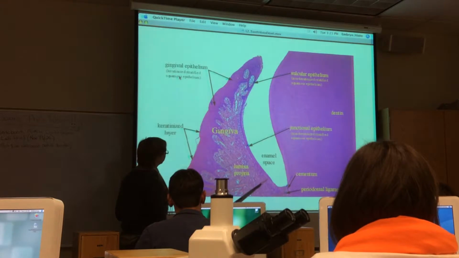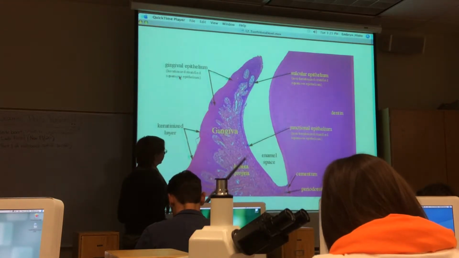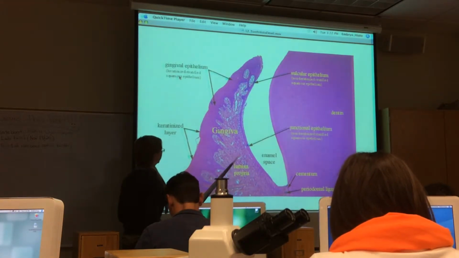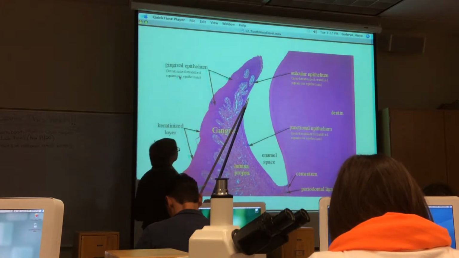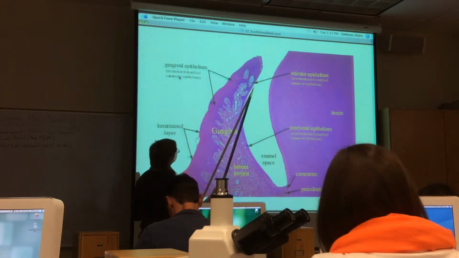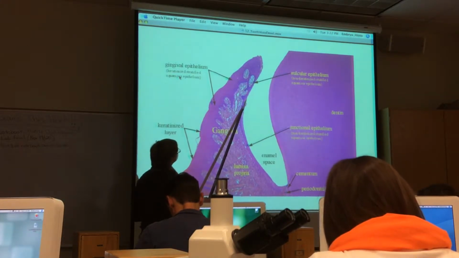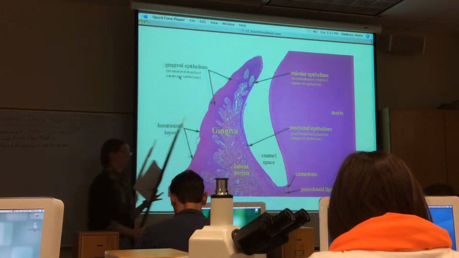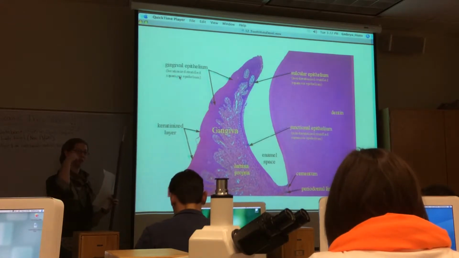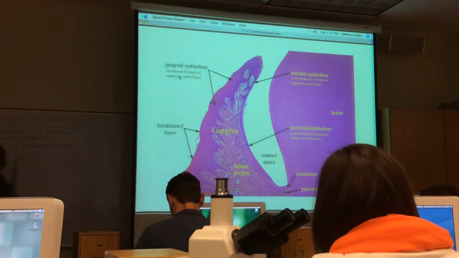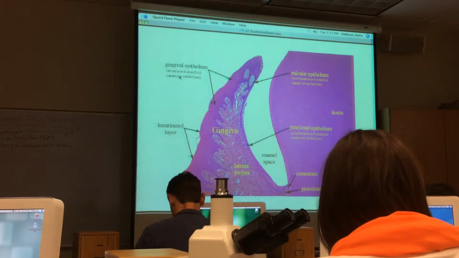And this is the epithelium that would be directly connecting to your teeth with that gingiva. And then you're also going to have another layer of epithelium up top, and this is going to be called the sulcular epithelium. And that's that little bit of gum around your teeth that is protruding around it.